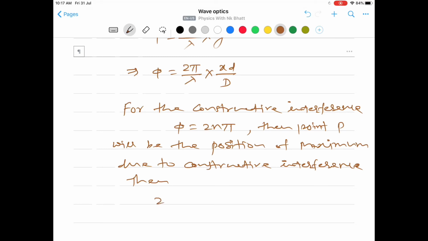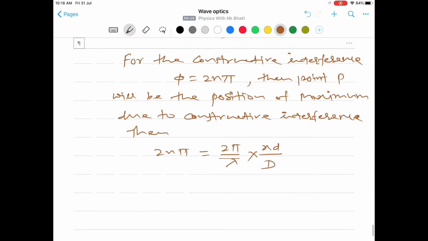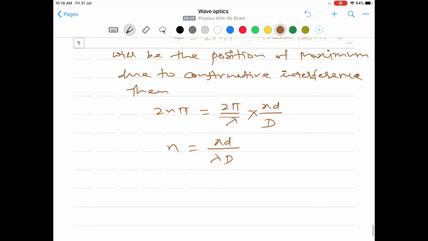Then 2n pi is equal to 2 pi by lambda into xd upon capital D. Pi will be cancelled, 2 pi will be cancelled, so n is equal to xd upon lambda D.